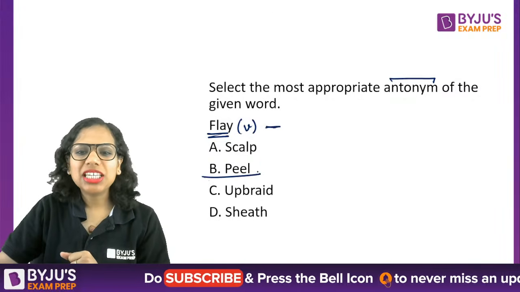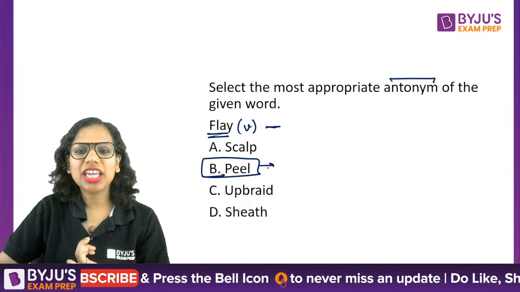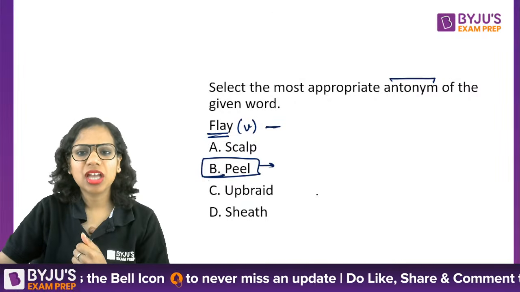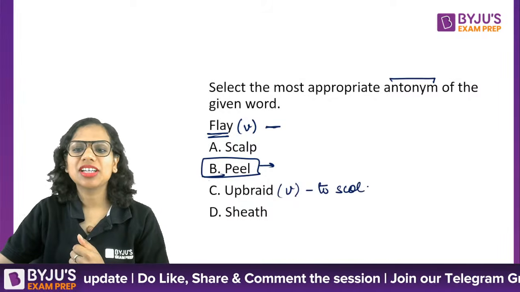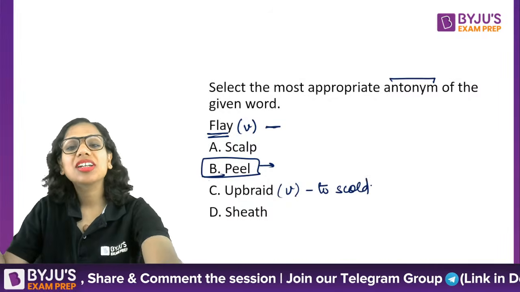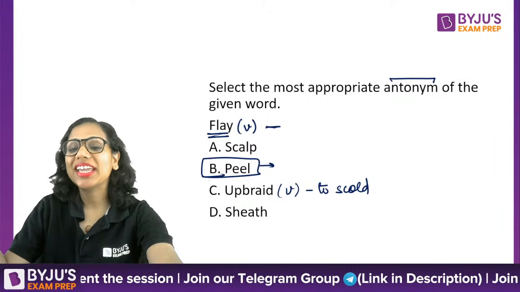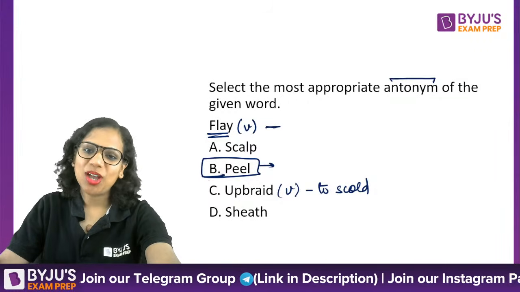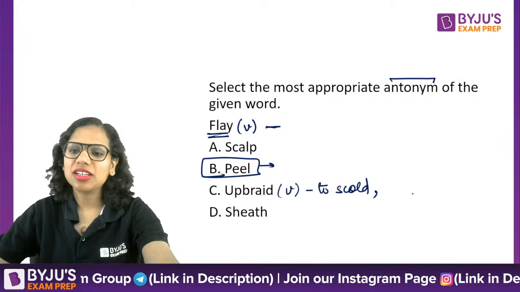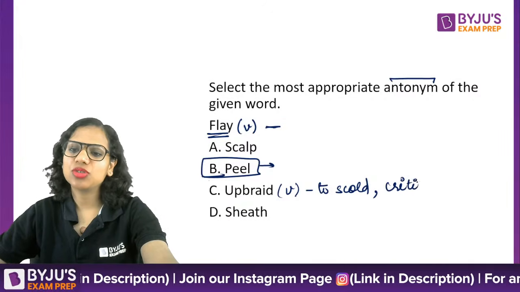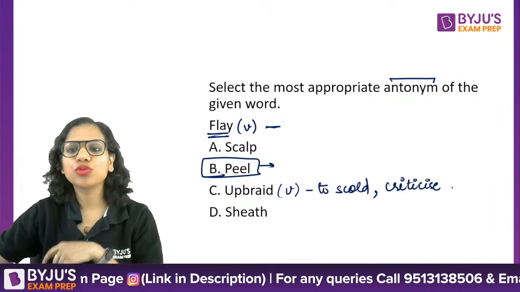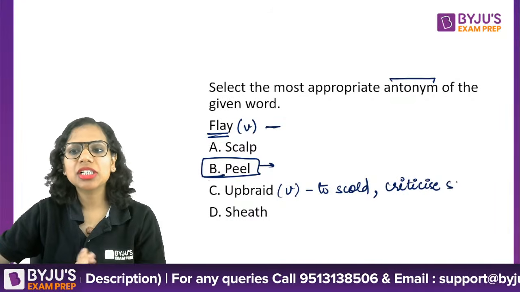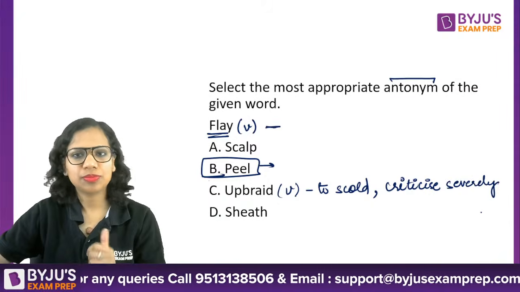And peeling, isn't it similar? When you peel, again, you remove the skin. Upbraid is to scold. Upbraid, reprimand, admonish, scold, chide, synonyms. In fact, it also means to criticize severely. So, what kind of scolding? When you say, you should not have done it and now you've done it. So I'm scolding you and criticizing you severely at the same time, right?